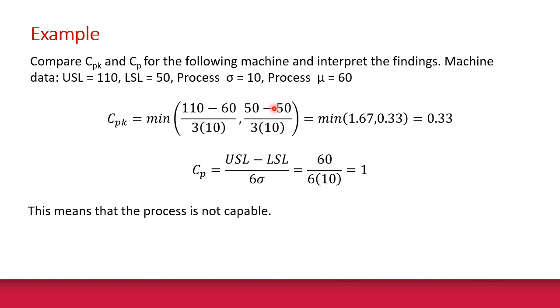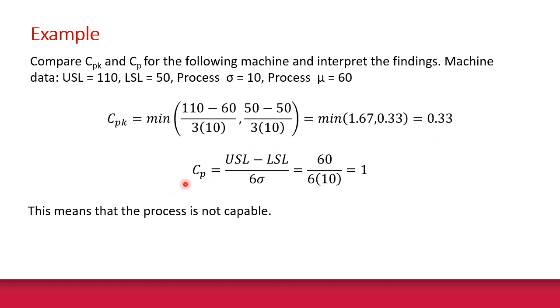So here again, we're taking the lower specification limit and the mean divided by 3 times sigma, and the upper specification limit minus the mean divided by 3 times sigma. So you have to select the minimum between 1.67 and 0.33, which gets you 0.33. So the C sub Pk value is 0.33, which means the process is not centered.